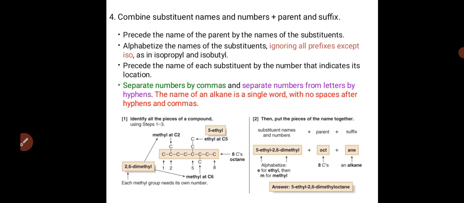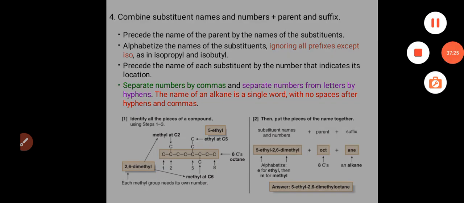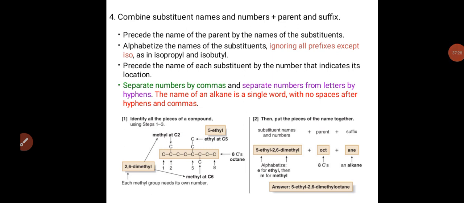So combine substituent names and the numbers plus parent and suffix, then precede the name of the parent by the names of the substituents. Alphabetize the names of the substituents, ignoring all prefixes except iso, as in isopropyl and isobutyl. Precede the name of each substituent by adding the number that indicates its location.